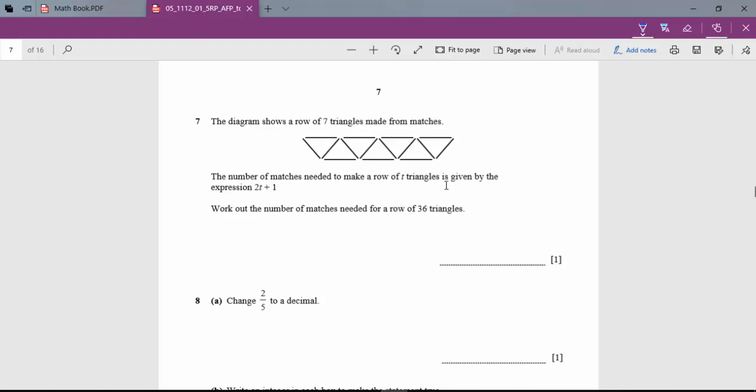The question says T triangles, means the number of triangles will be substituted in place of T. Then we will have 2 times 36 plus 1. 2 times 6 is 12, 2 times 3 is 6, so it's 72 plus 1, which is 73.